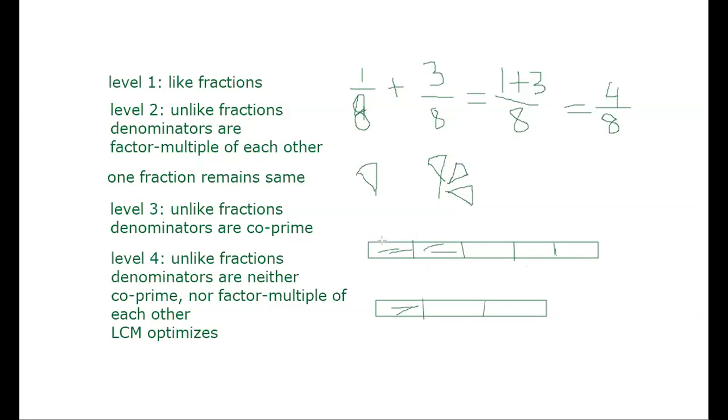So these will have to be split into 1/3 each, and these have to be split into 1/5. Okay, I made a mistake. This guy should have been the same size. Okay, better. So there goes the 1/5. Okay. This is all shaded. This is shaded. Okay.